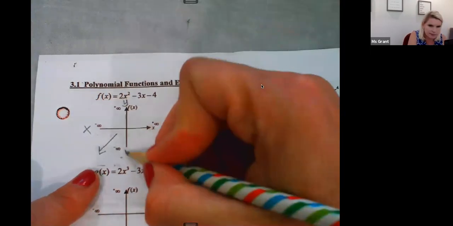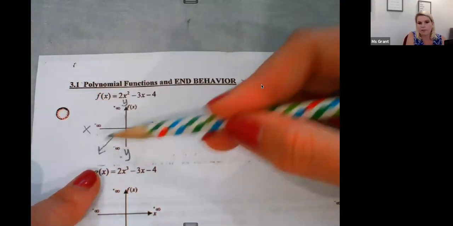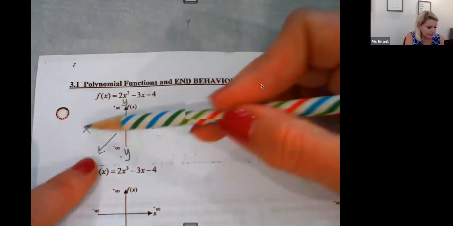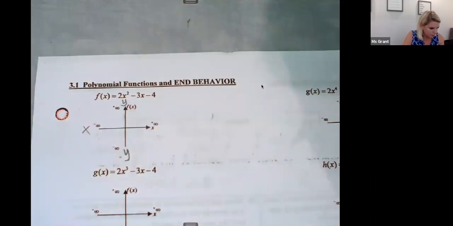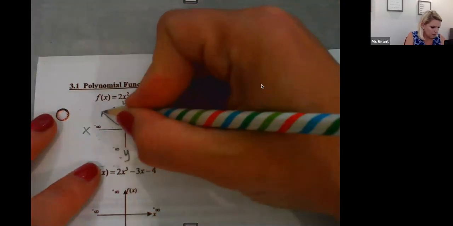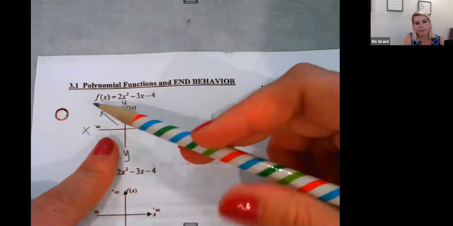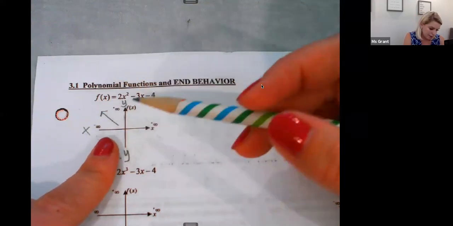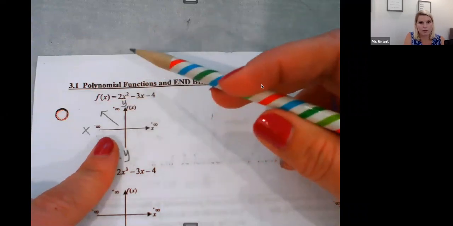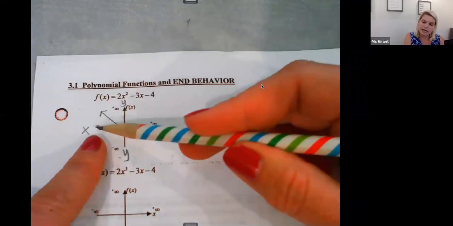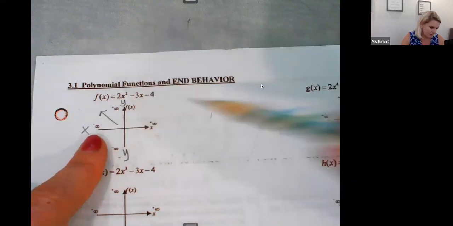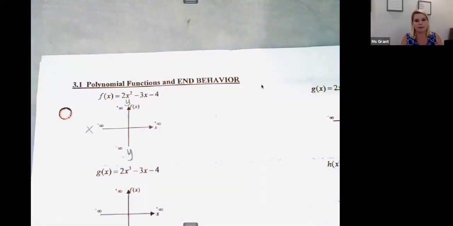So that's what a downward arrow does. X approaches negative infinity and y approaches negative infinity. Then this direction. My x is going to the left, which means negative 6, negative 7, negative 8, but my y values go up, positive 10, 11, 12, 13. So my x value approaches negative infinity and my y value approaches positive infinity. That's what I mean when I say positive infinity, negative infinity.